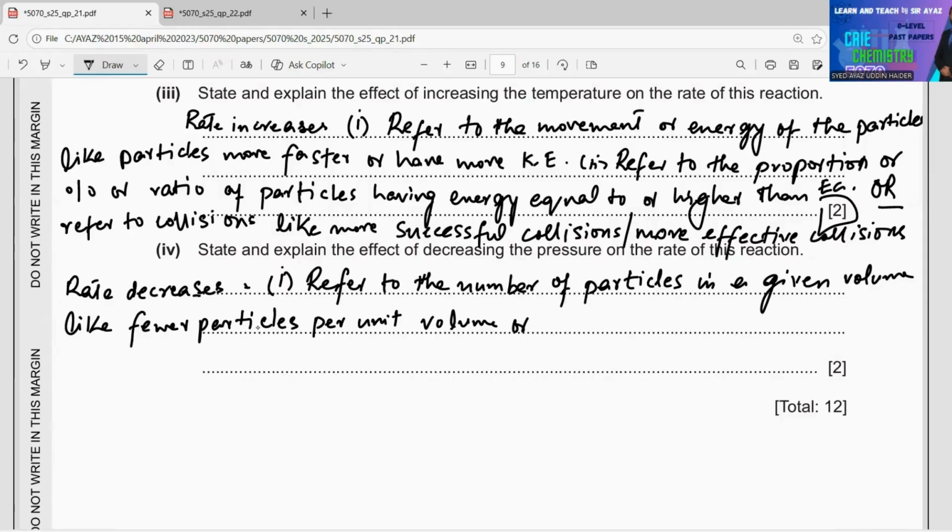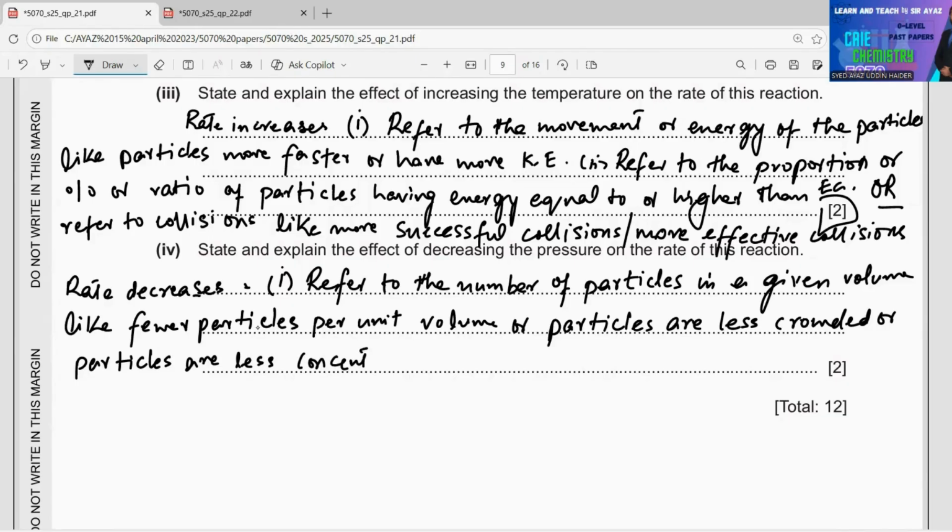Or particles are less crowded. Or particles are less concentrated. This will be the first statement.